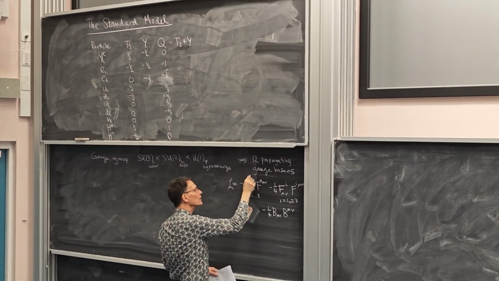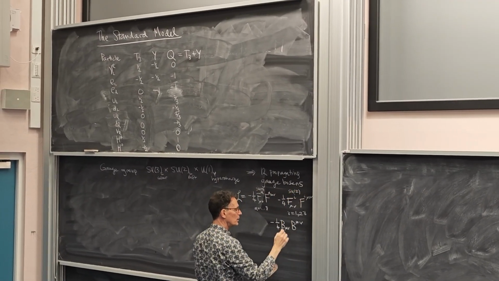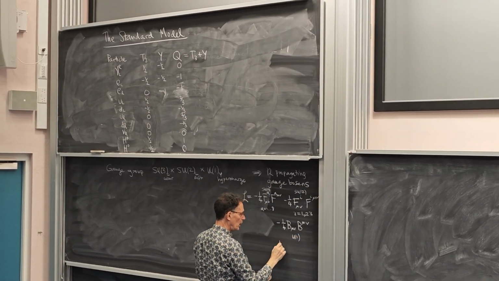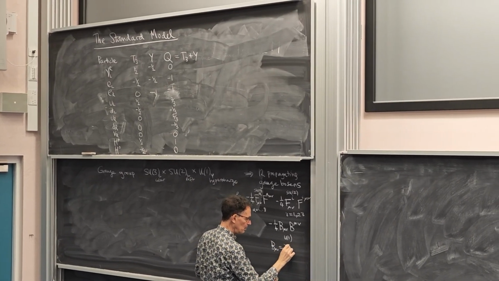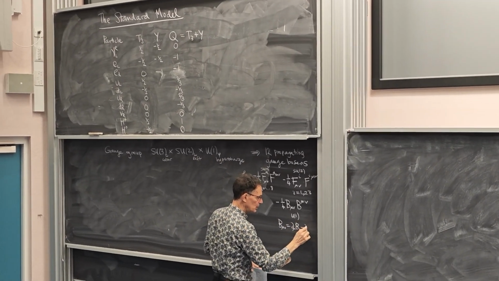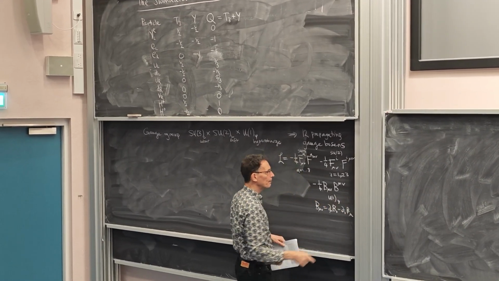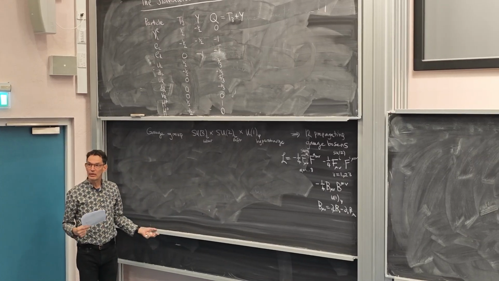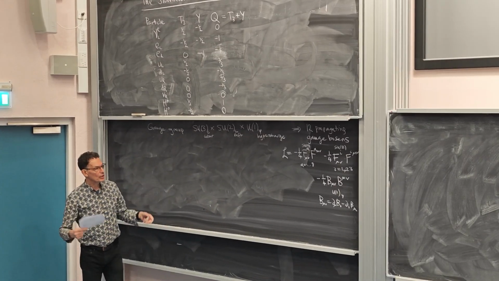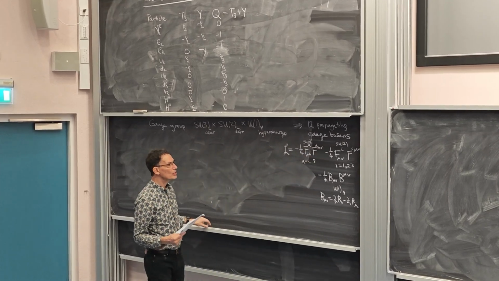So this is the SU(3), SU(2), and this is the U(1), where B_μν is ∂_μ B_ν minus ∂_ν B_μ. This is U(1)_Y. Okay, so the gauge bosons just have Lagrangians which are essentially identical apart from the group structure.